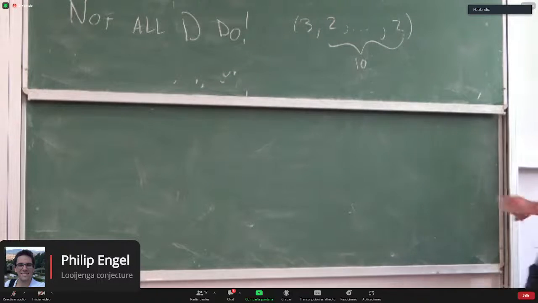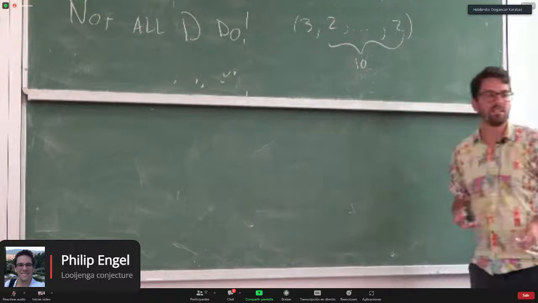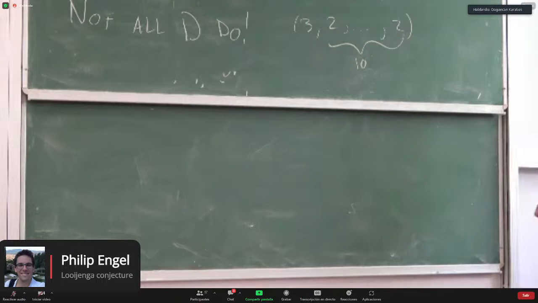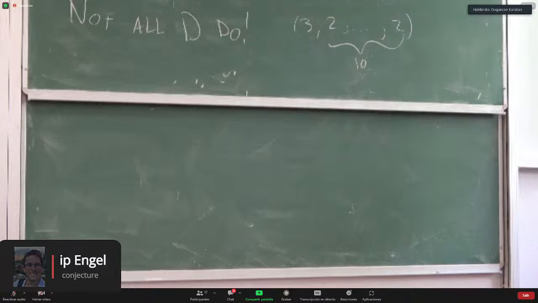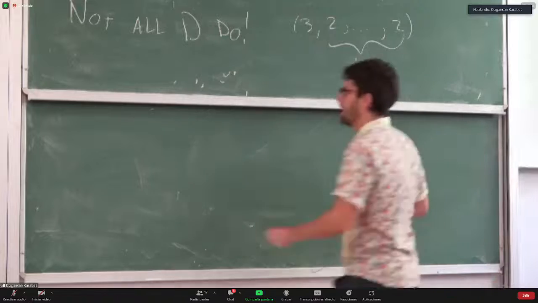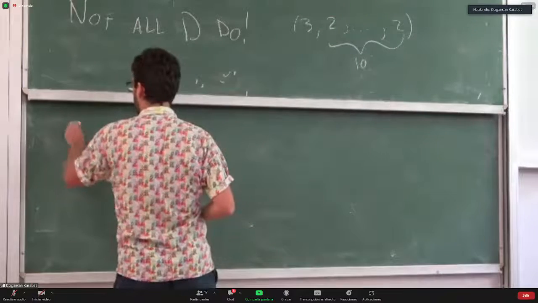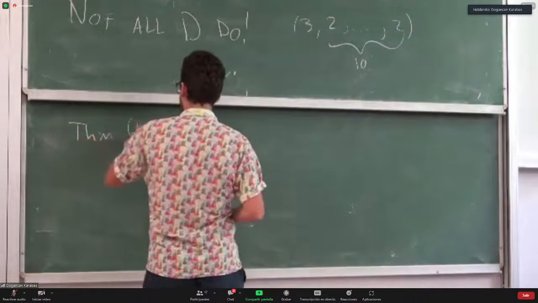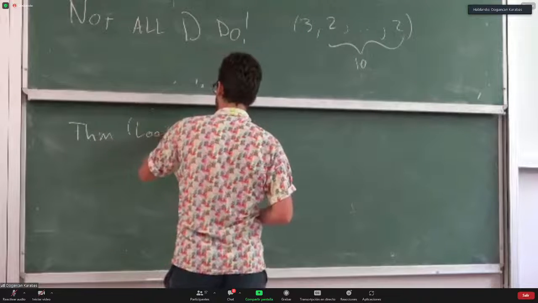You can think of it as a log Calabi-Yau pair with maximal boundary, maximally degenerate. D is the maximal boundary of some log Calabi-Yau surface. That's the statement. And so then the theorem is Looijenga's conjecture.